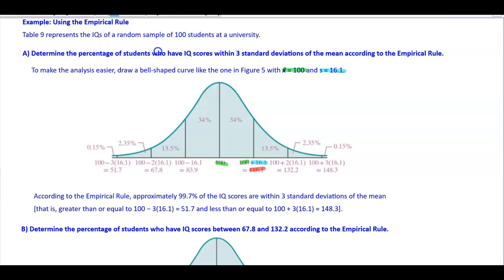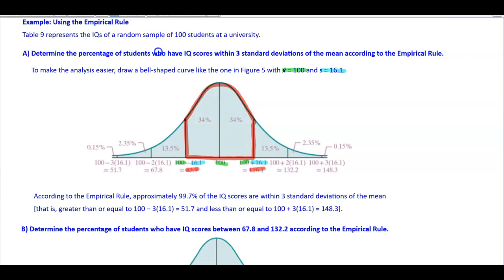That's 1 standard deviation above the mean. Likewise, if we take the mean of 100 and subtract the standard deviation, we get 83.9, which represents the value that is 1 standard deviation below the mean.